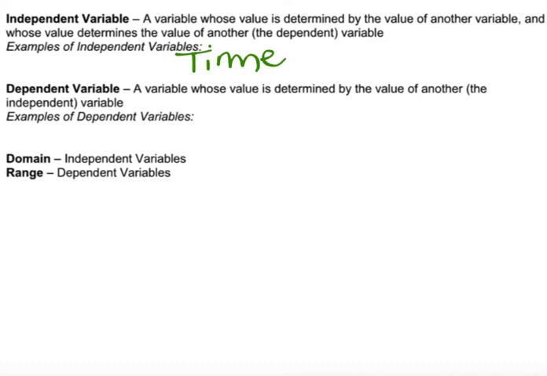Dependent variables, normally money, because the amount of money you get for something is dependent upon something else. So when we go back to thinking of this as domain and range, your domain is always your independent variable and your range is always going to be your dependent variable.